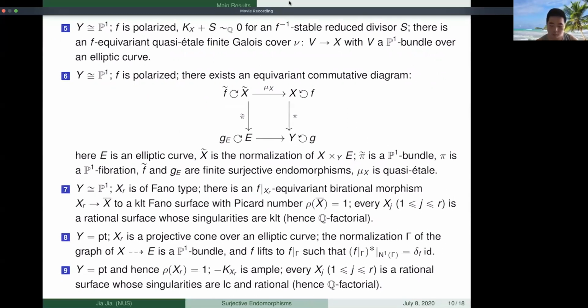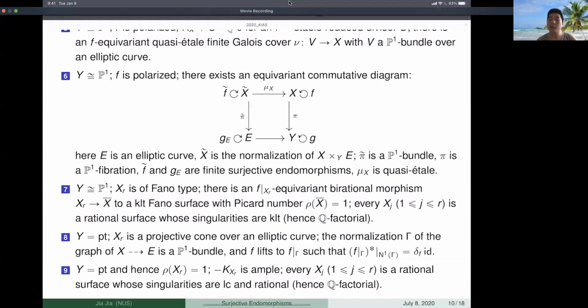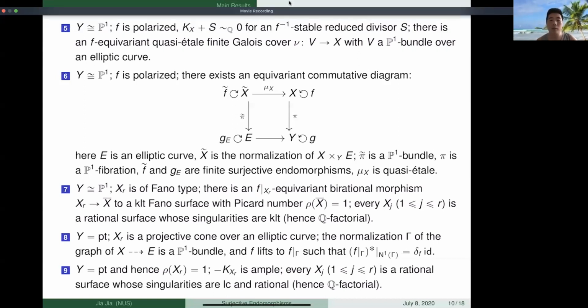And there is an f-inverse stable reduced divisor S, such that K_X plus this S is numerically equivalent to 0. Also by a result of Nakayama, we know in this case we can find f-equivariant quasi-étale finite Galois cover V to X with this V a P1 bundle over an elliptic curve.